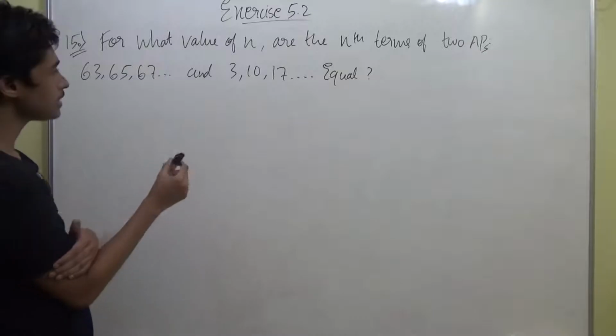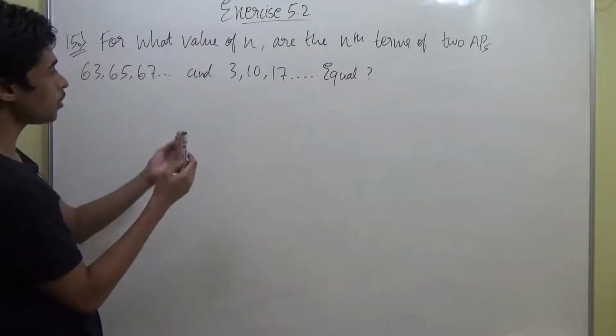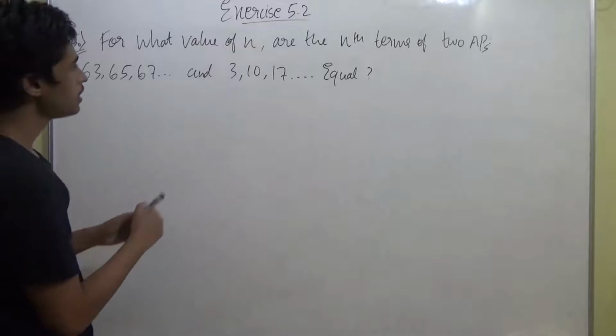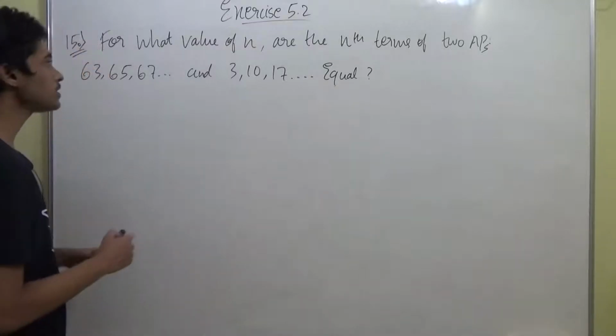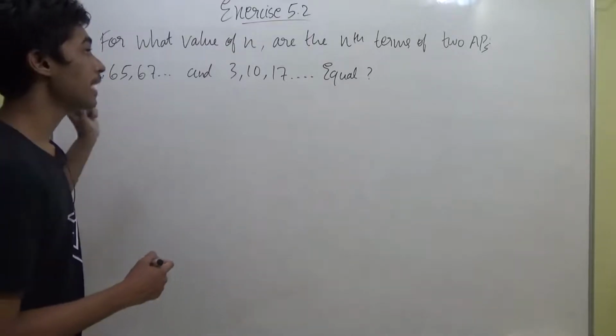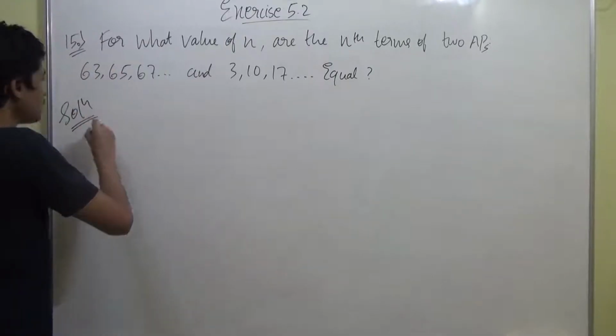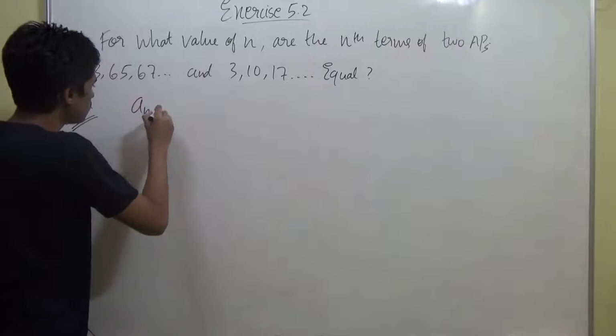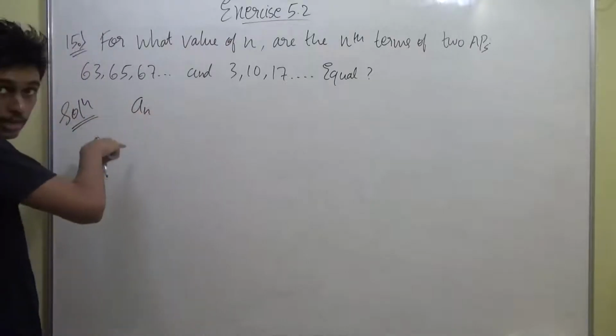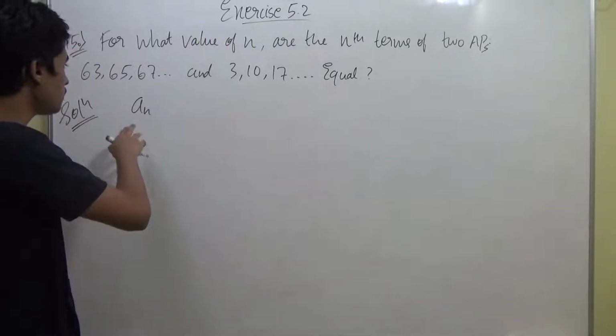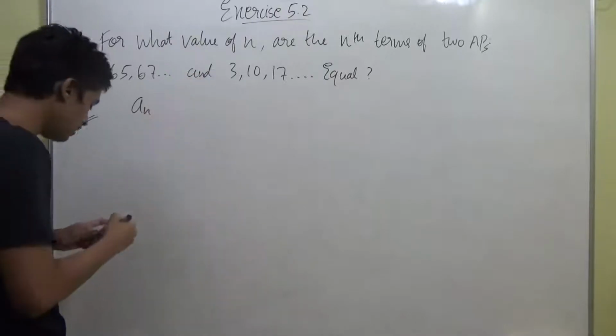And the second AP is 3, 10, 17. The common difference between them is 7. So they are asking for what value of n the nth terms of the two APs are going to be the same. Let the nth term be a_n, which is the same for both the APs.